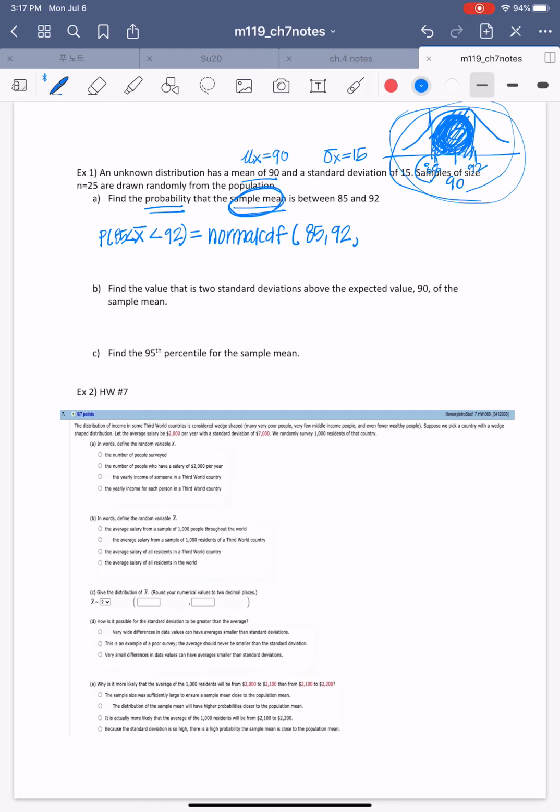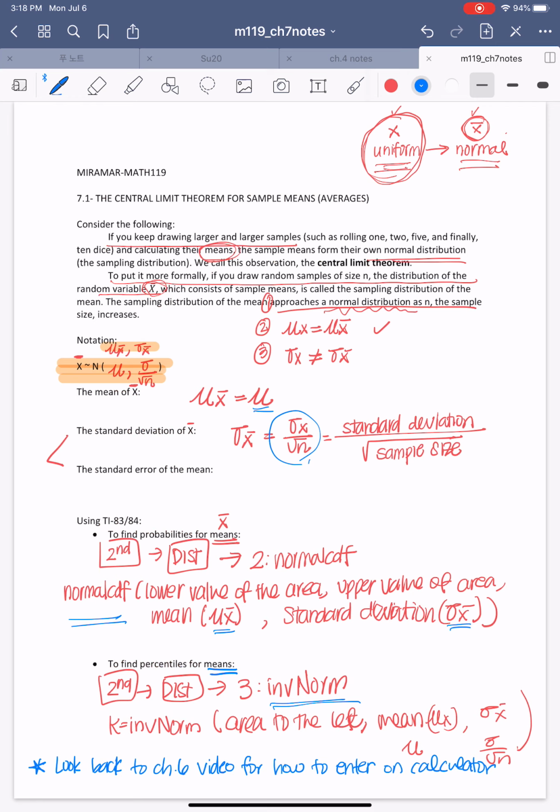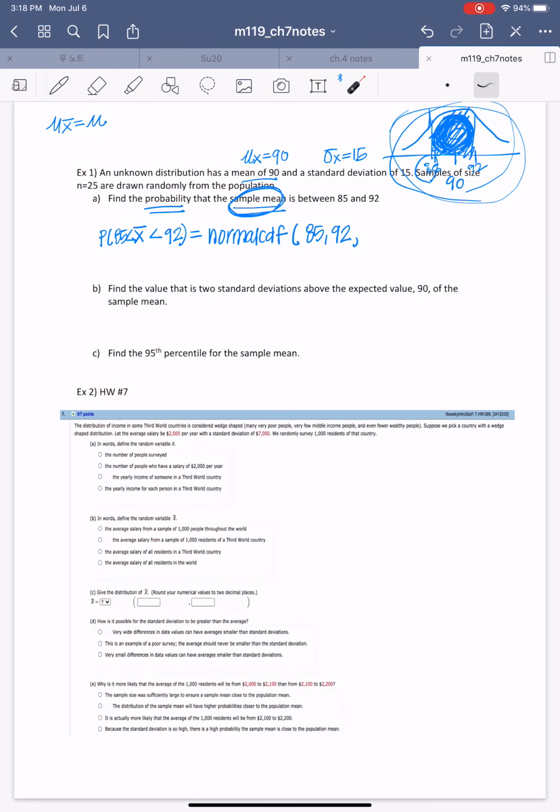So to calculate the x bar, the mean was given as just a mu right here, the first one. Standard deviation is calculated as sigma of x divided by square root of n. So if you use these two, you're using the x, not the x bar. I'm looking for the sample mean, so we have to calculate it.